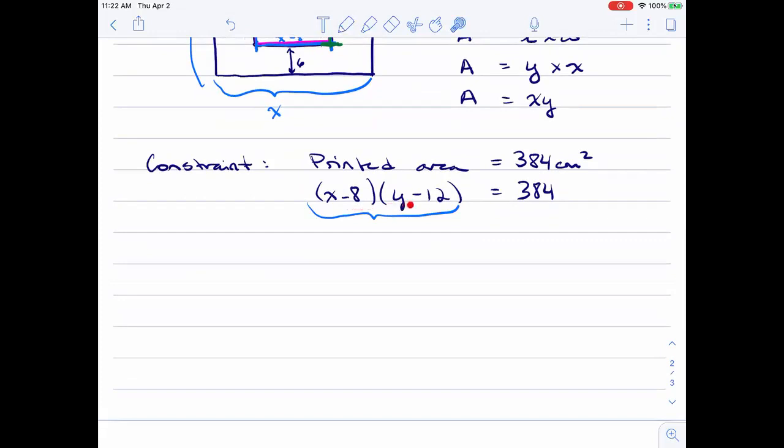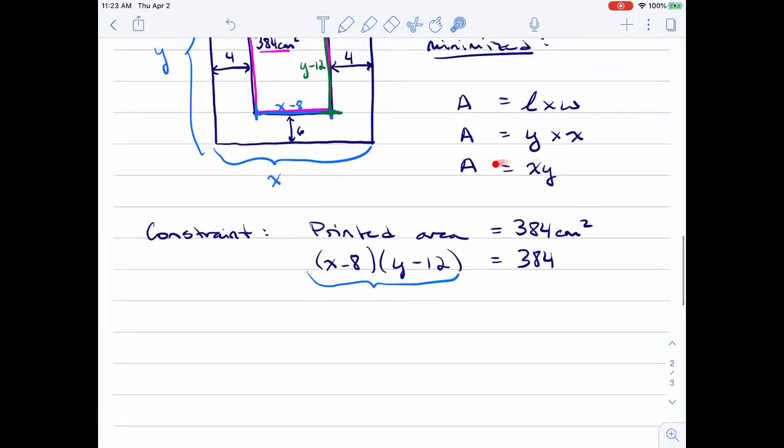Here, remember what we do is, if we want to minimize the area, which is x times y, I can only have the area in terms of one of these variables. So in here, I either solve for x or I solve for y. Either way, it doesn't make a difference. I'm going to solve for y and then use that y in my area function.